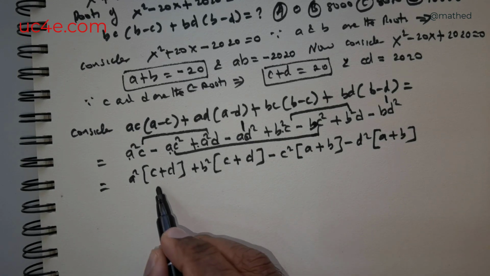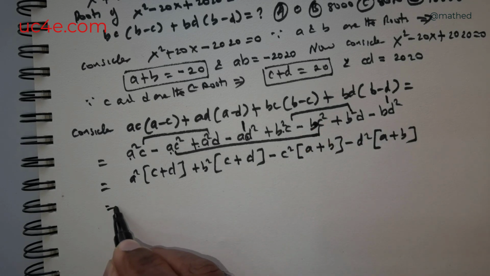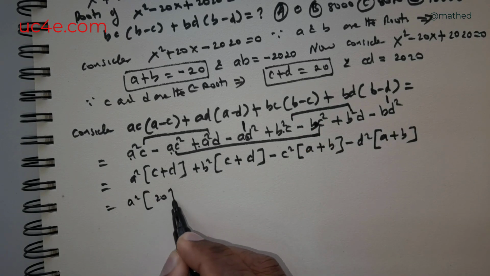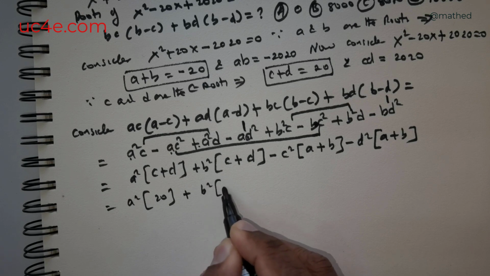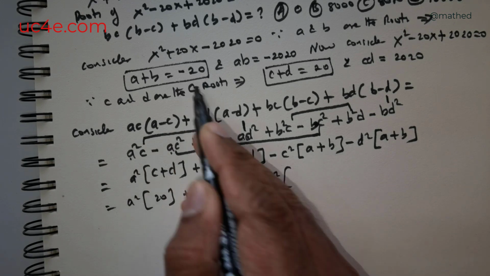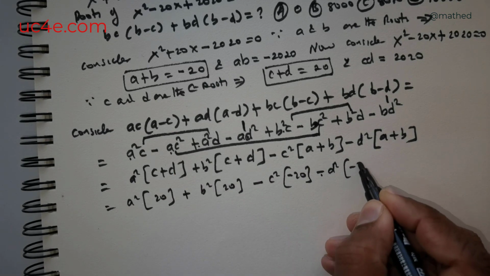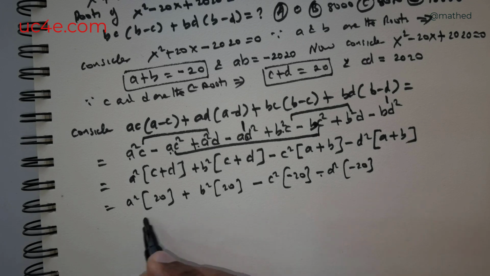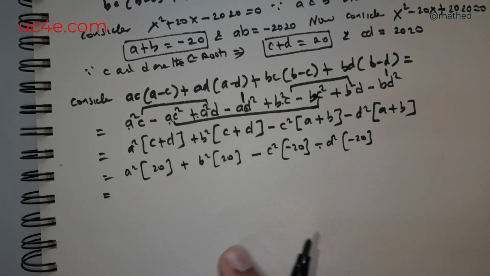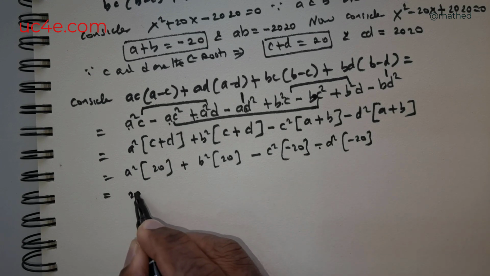Now all that remains is to substitute the values for C + D, which is 20, and for A + B, which is -20. So this is going to be equal to 20, 20, 20, 20. I can take 20 out.